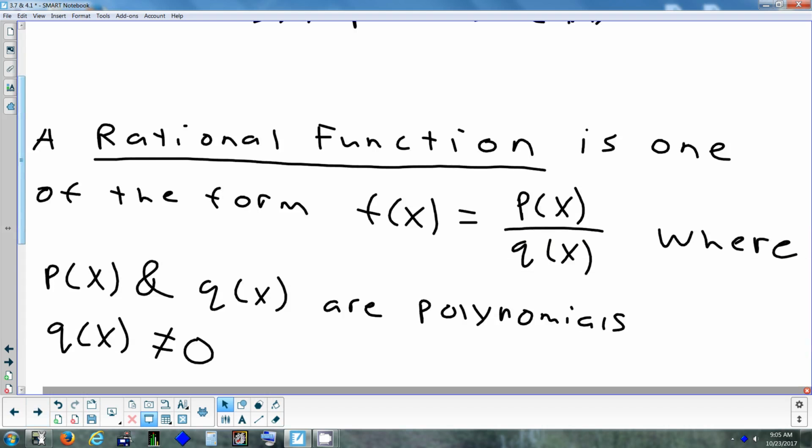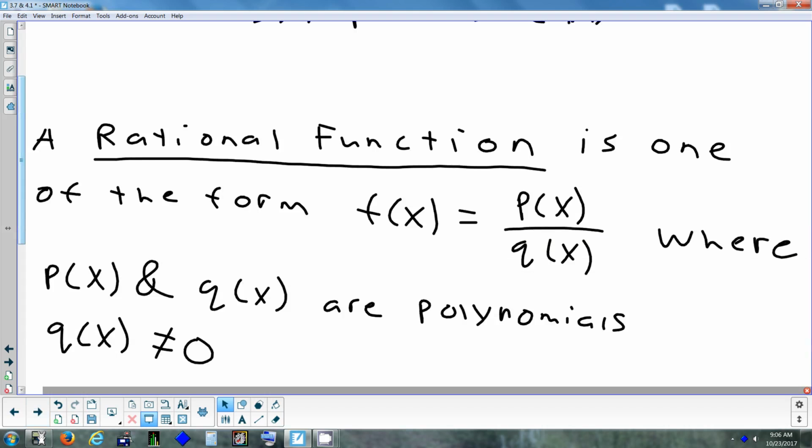So basically, the simplest way to describe a rational function is it's a fraction where the top and the bottom are both polynomials. The only polynomial you are not allowed to put in the bottom in general is the 0 polynomial.